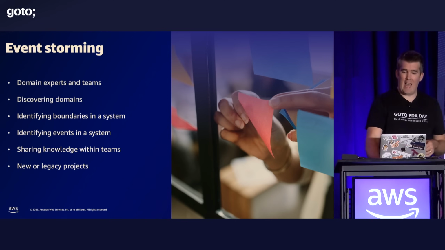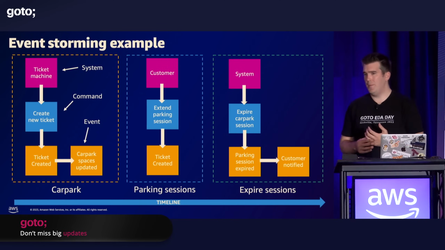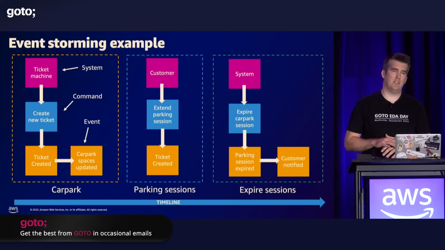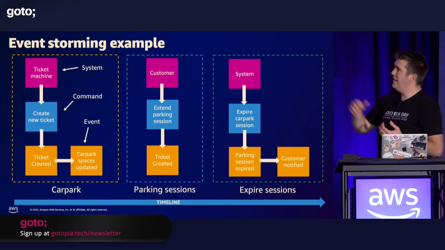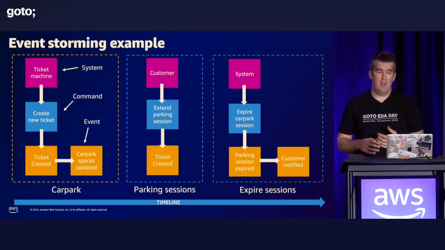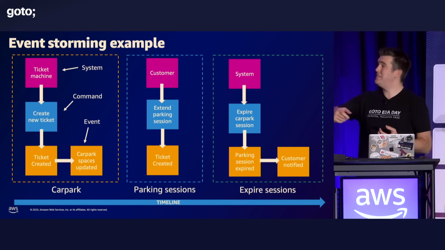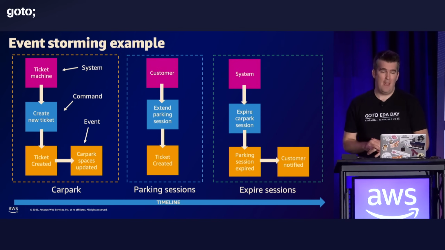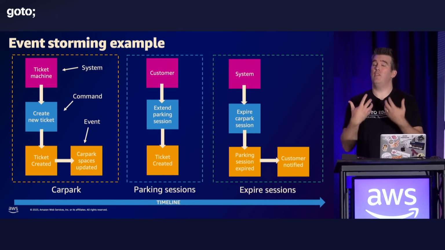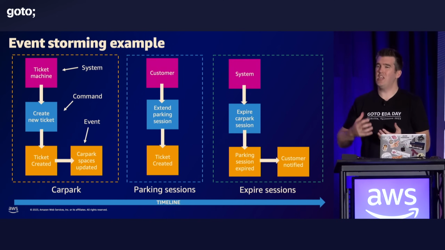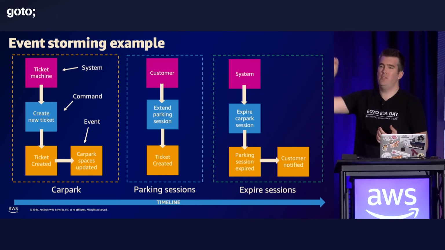To show you an example of this, here is one I did last year, a car parking system, as a brief example. As you can see here, we have the ticket machine at the top, which is the system, and then we have commands, like raise, create a new ticket. And then down here, a ticket has been created. We're raising these events. We can model this out using Post-it notes.